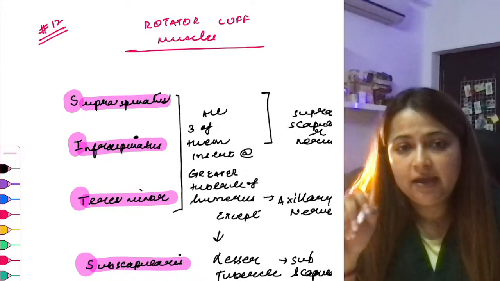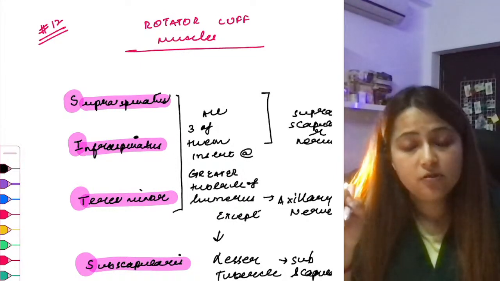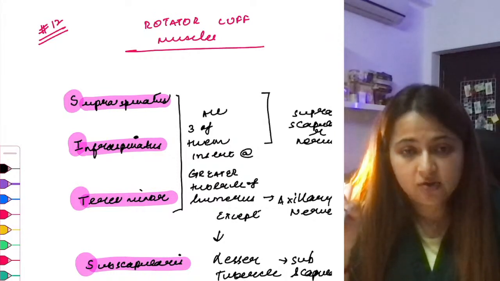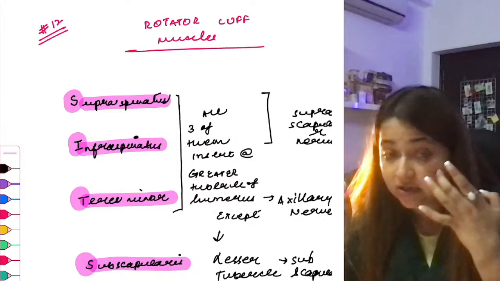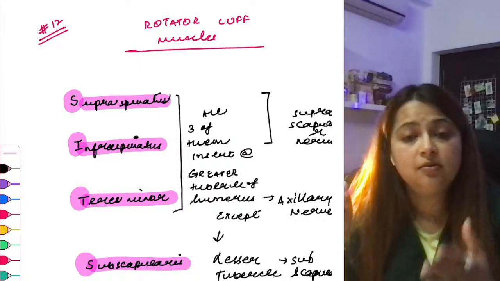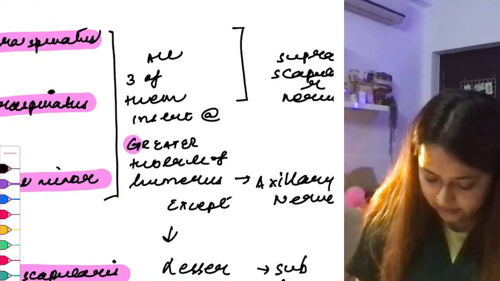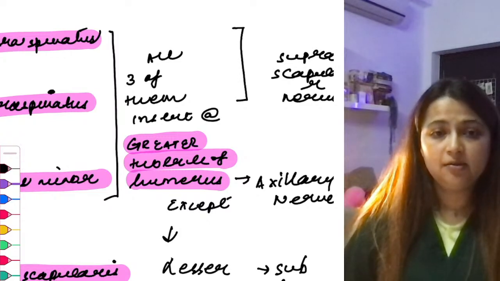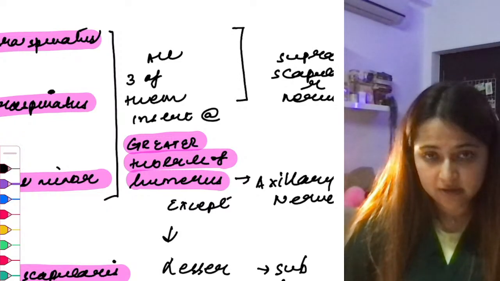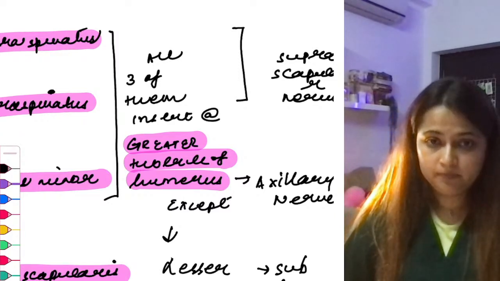Now talking about a very high yield point from the anatomical point of view. Supraspinatus, infraspinatus, and teres minor, all three of these, they are inserting at one place. That is the greater tubercle of humerus.